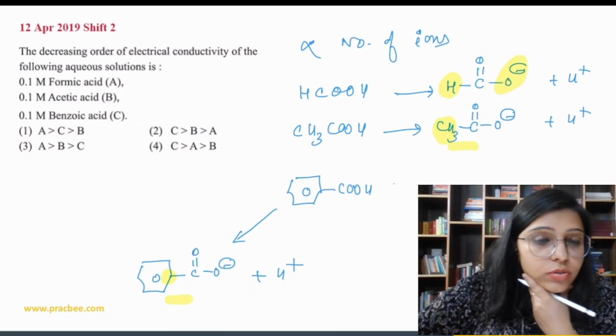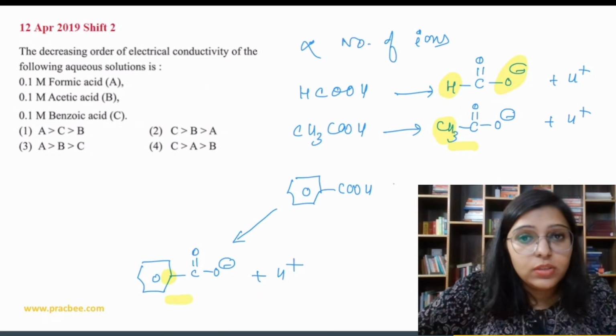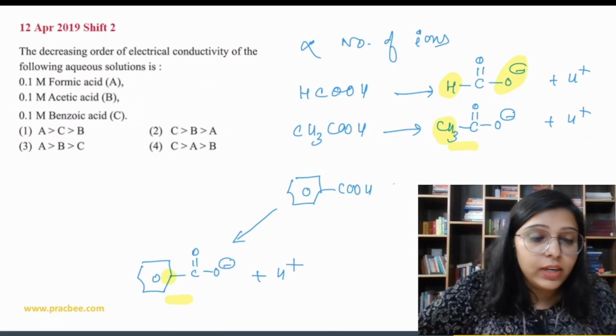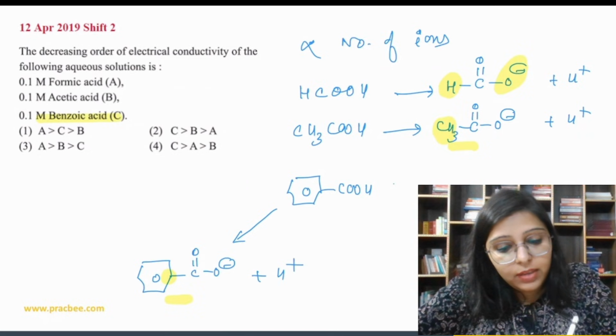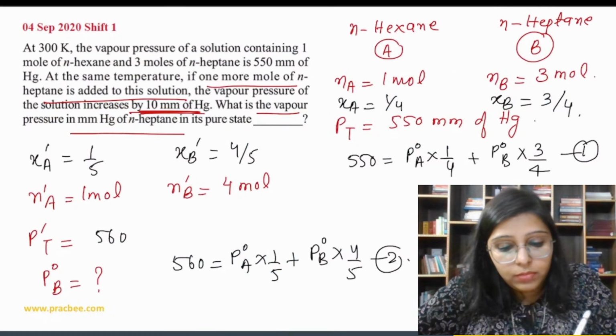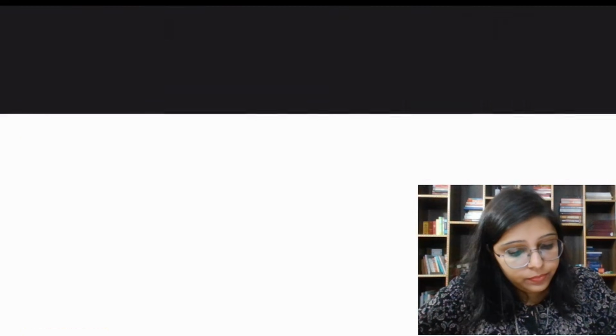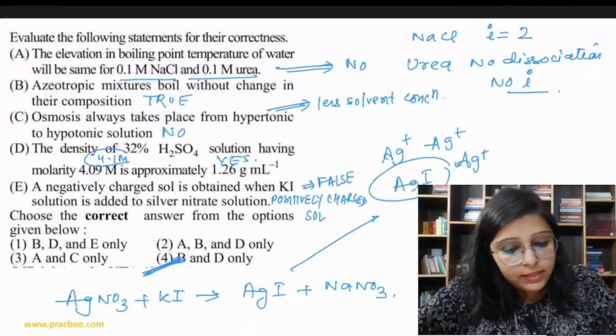So resonating structures are more stable. So we can say this is resonance stabilized in comparison to this one. So we have benzoic acid and then we have acetic acid. So the answer is A, C and P. Okay? Clear? A, C and P.